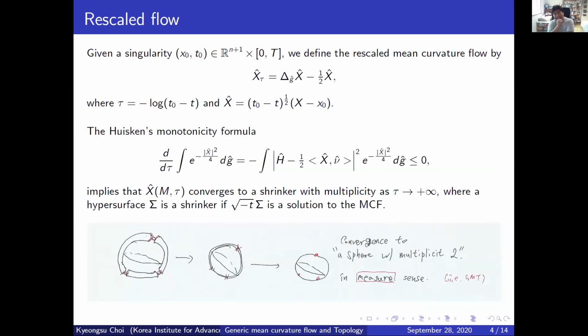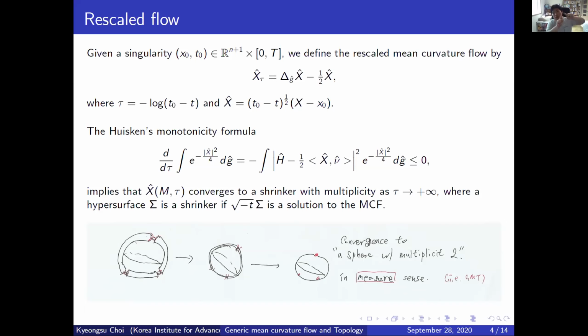Yeah. In minimal surfaces, let's consider S3, and a great circle S2 is a minimal surface, a purely unstable minimal surface. And there are examples of a sequence of surfaces which converges to a multiplicity 2 S2.